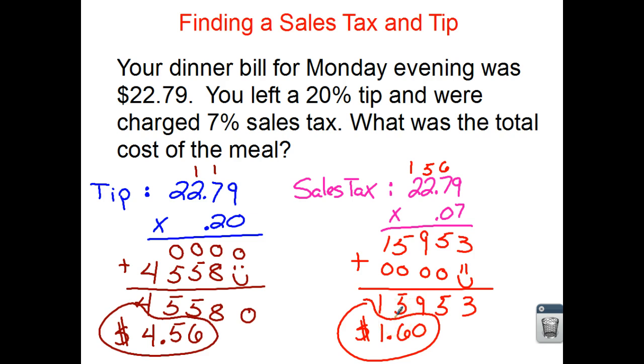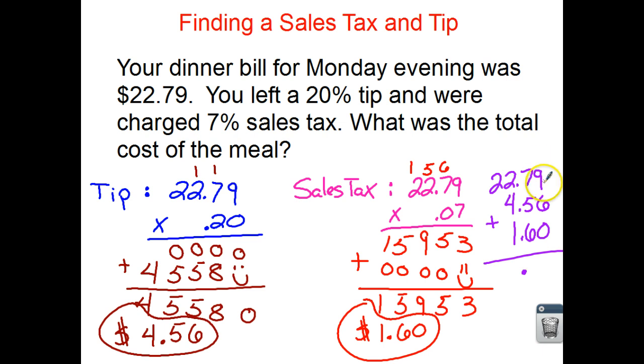And I've run out of space, so I am going to do the biggest no-no, and that is going to be using a calculator. So we have 2279, line up all our decimal points, $4.56, $1.60, add them all up, bring our decimal straight down. You know what, I'm not going to use a calculator.